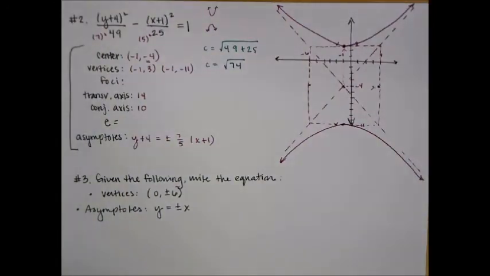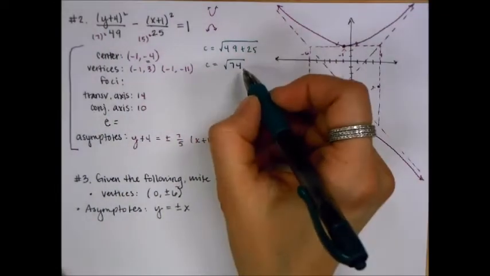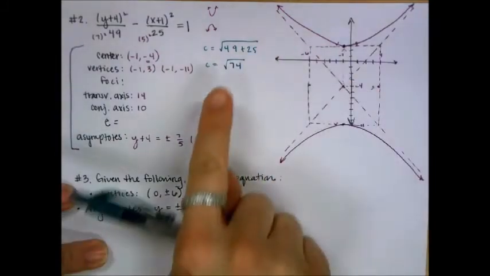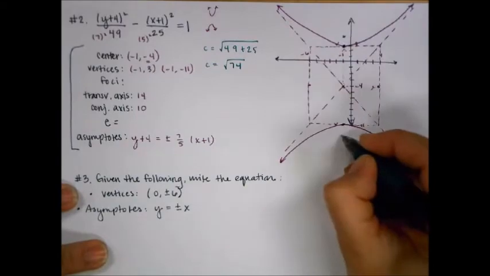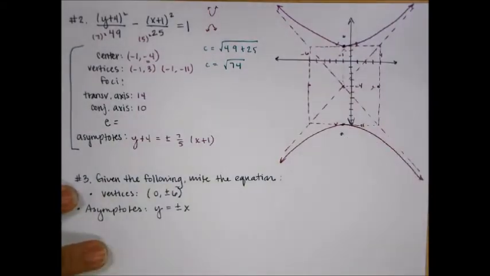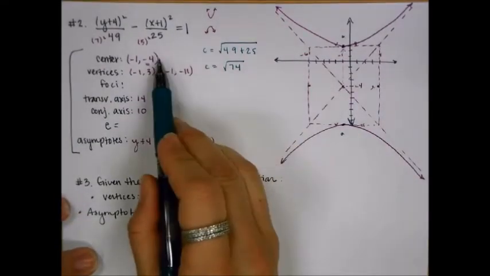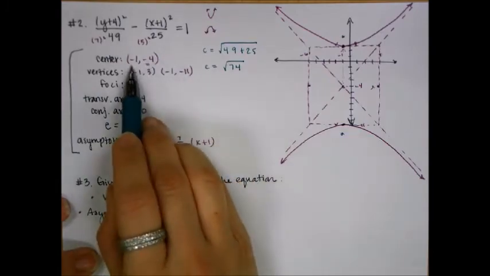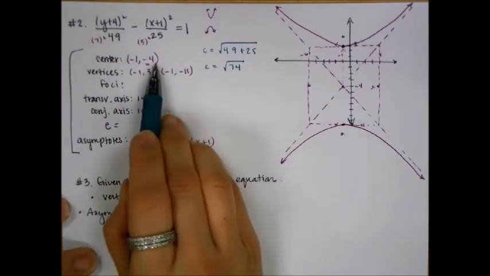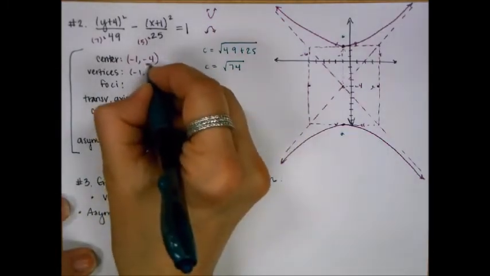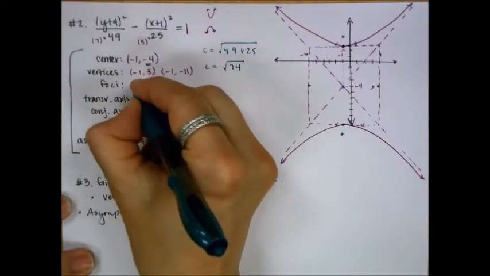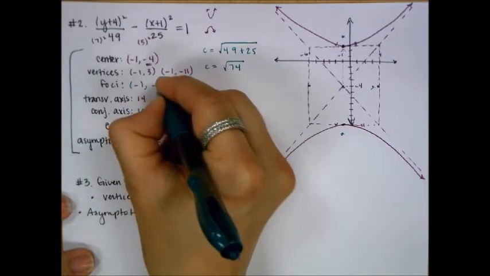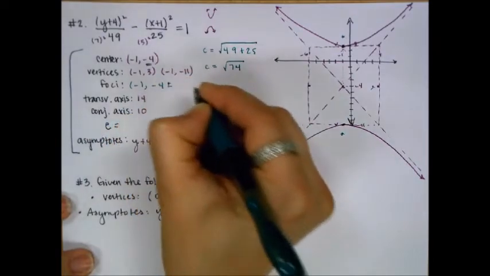So in order to say that we went up root 74 and down root 74, we're just going to write this as an adjustment of the center. So moving up and down is going to change the y value here. So we're going to keep the x value the same, that's -1. And the y value, -4, we add and subtract root 74. And that gets us to the focus points there.